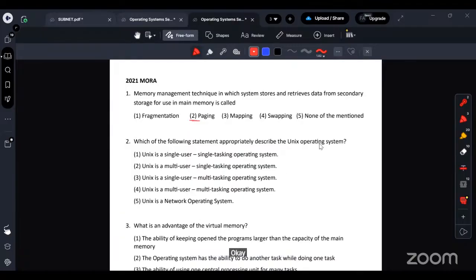Okay, next one. Which of the following statement appropriately describe the Unix operating system? What is it? Is it a single user, single tasking operating system? No, right? Is it a single, again, it's not a single user. So that option is also out.